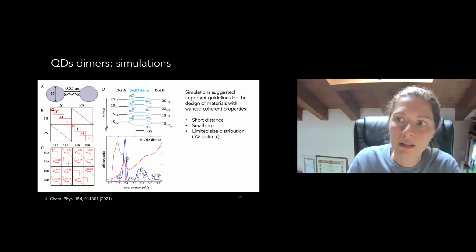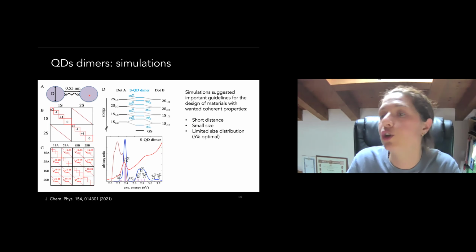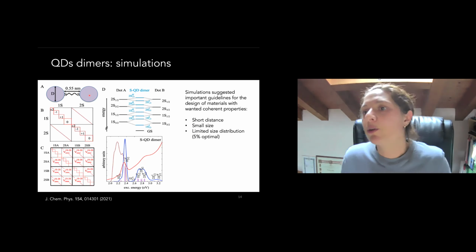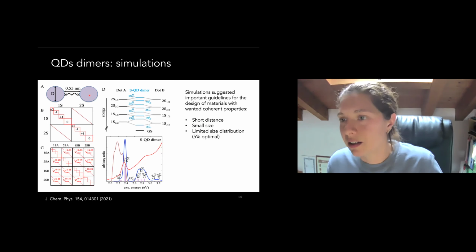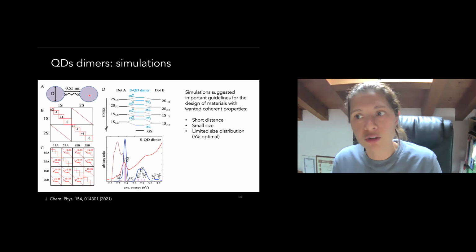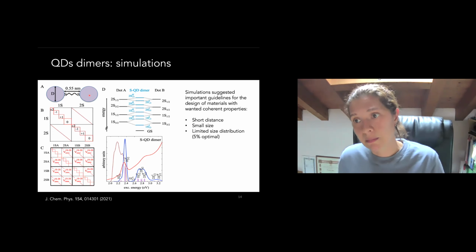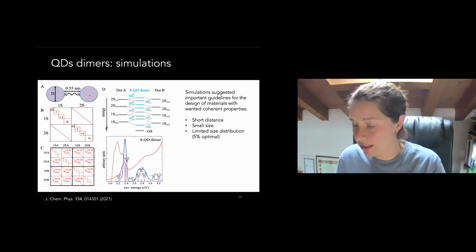Second, they found that we need small dots. The typical dots that people study, the 6 nanometer diameter dots, are not suitable to obtain the delocalized coherences. You need dots with a diameter smaller than 3 nanometers, more or less.